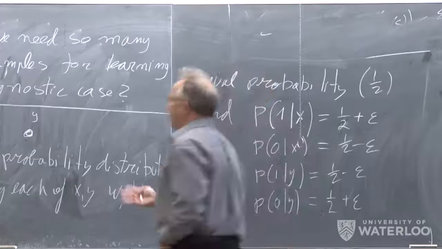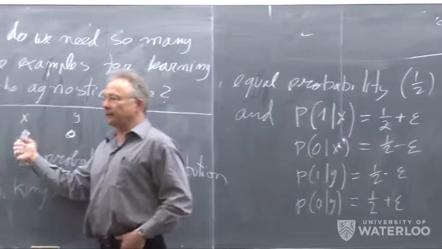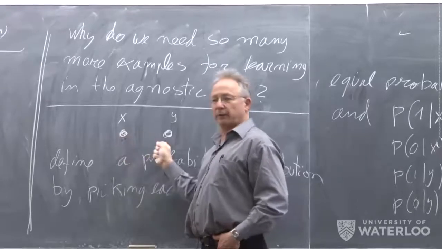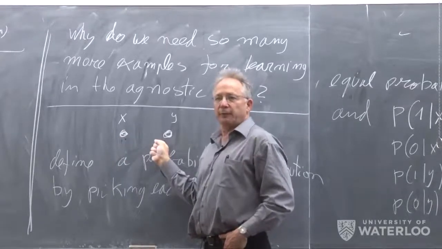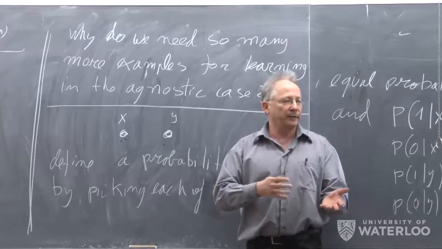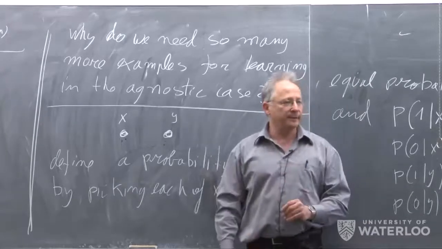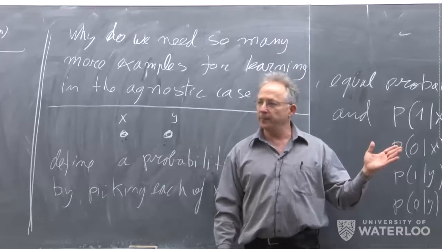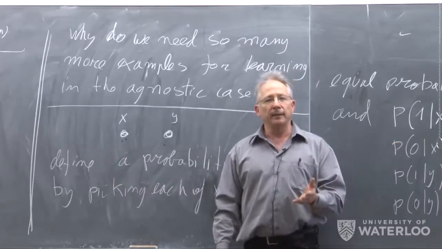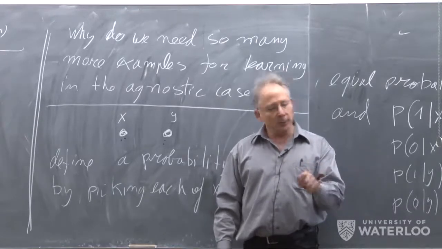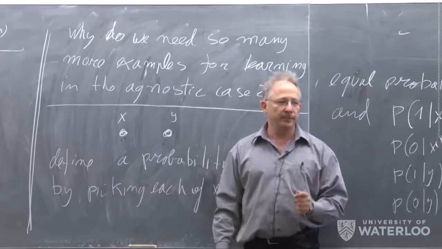Because in order to find the best predictor, each time I draw a point, either I toss a coin here or I toss the coin here. And you need to decide for each of them if it's more likely to be heads or tails. And each of them has a small bias. So in order to find the good predictor here, you need to be able to tell me, for a coin with a small bias, which side it is biased towards.